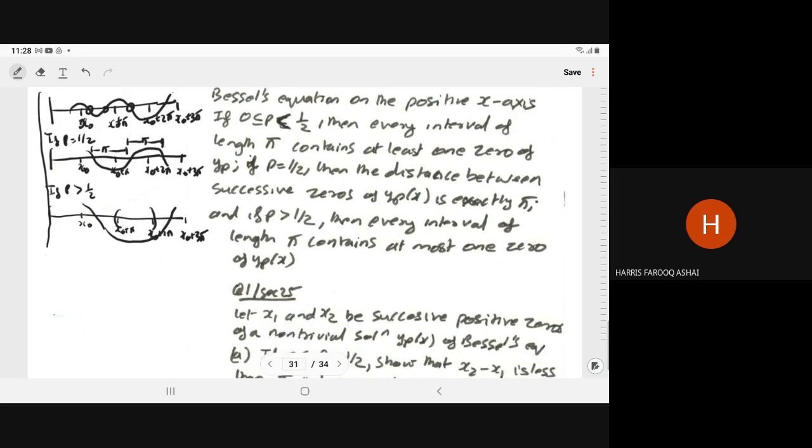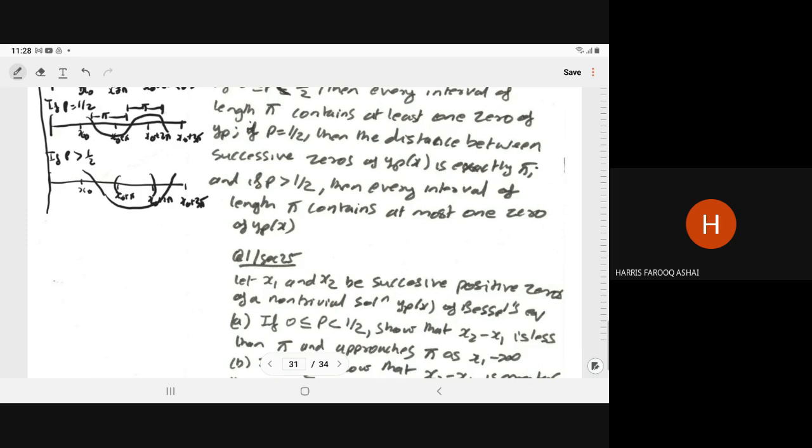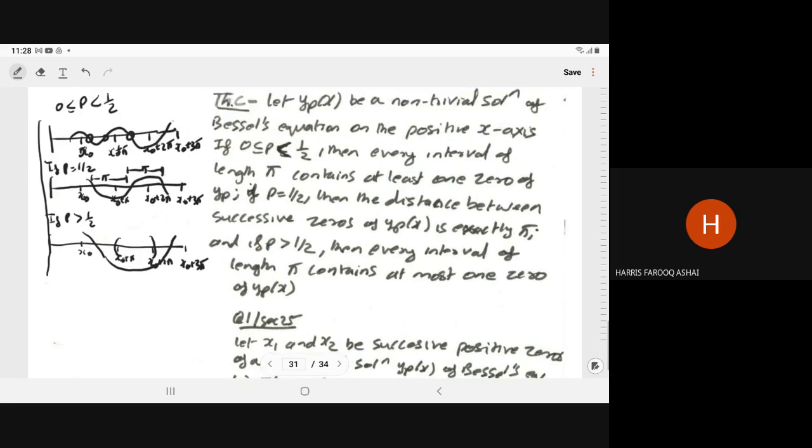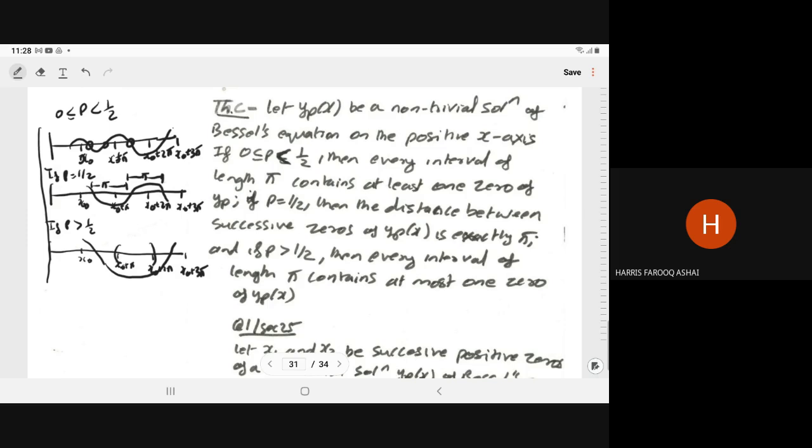And if p is greater than half, then every interval of length pi contains at most one zero of yp. Any doubt to understand this theorem? By the shape I have conveyed here, what is the statement? Any doubt? Anything you want to ask?